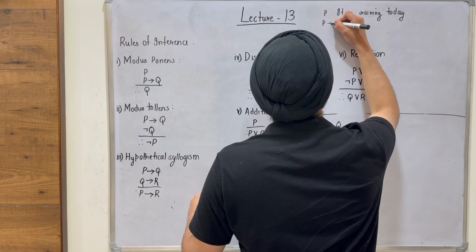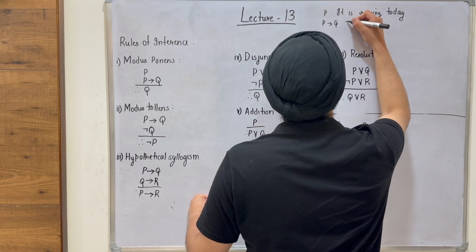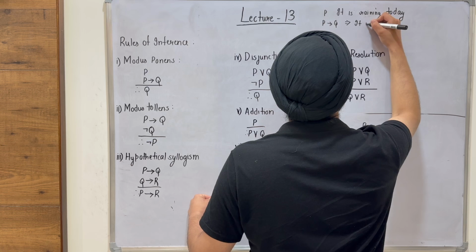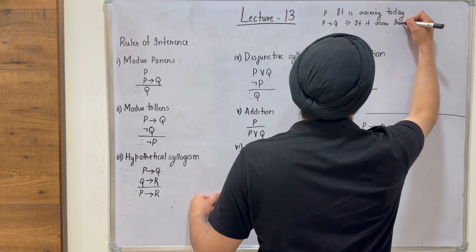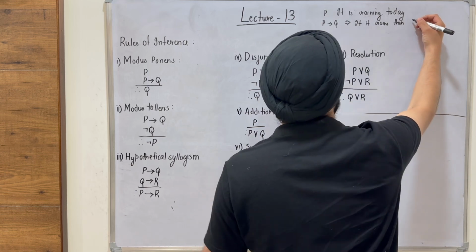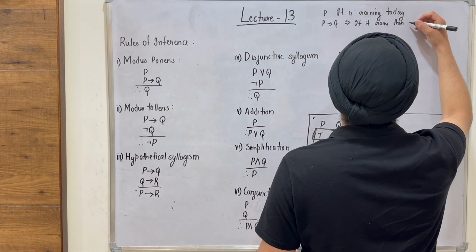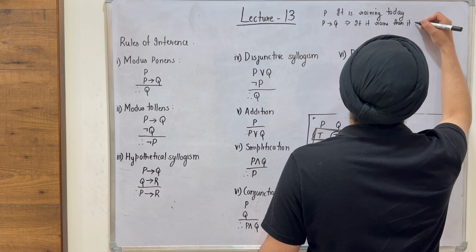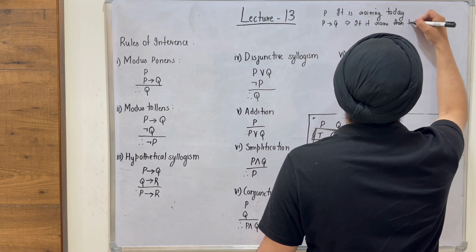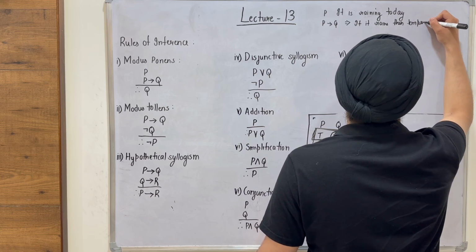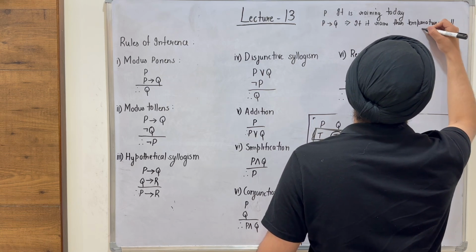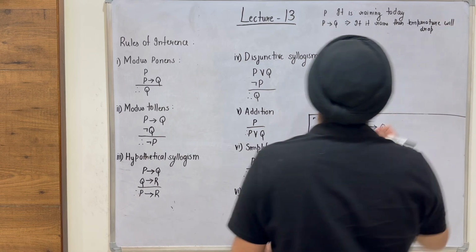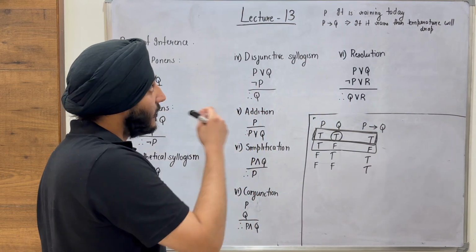And P then Q is: if it rains, then the temperature will drop. Okay. So let's try to understand.